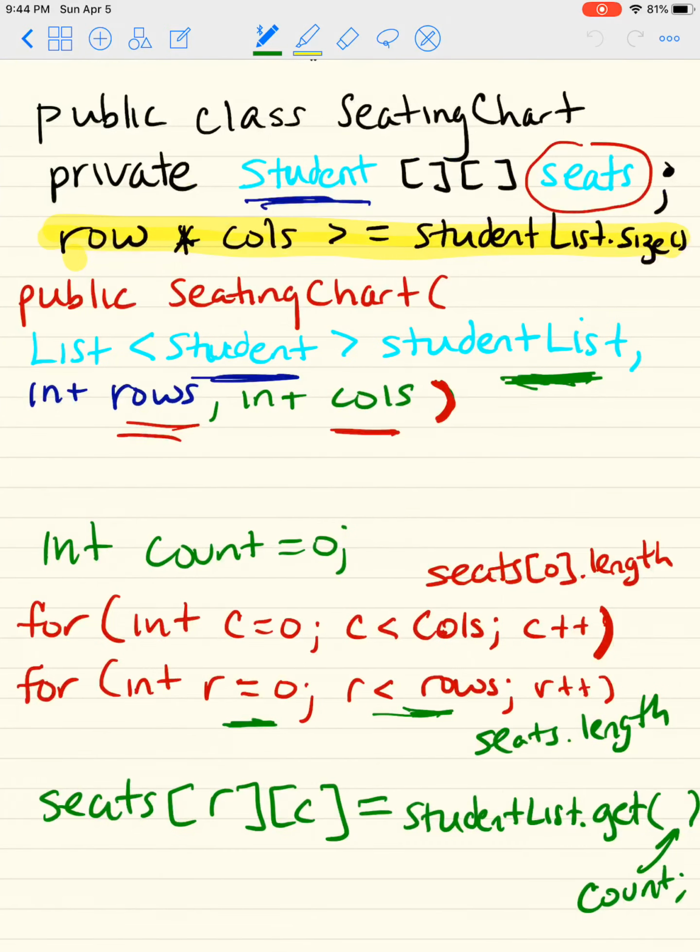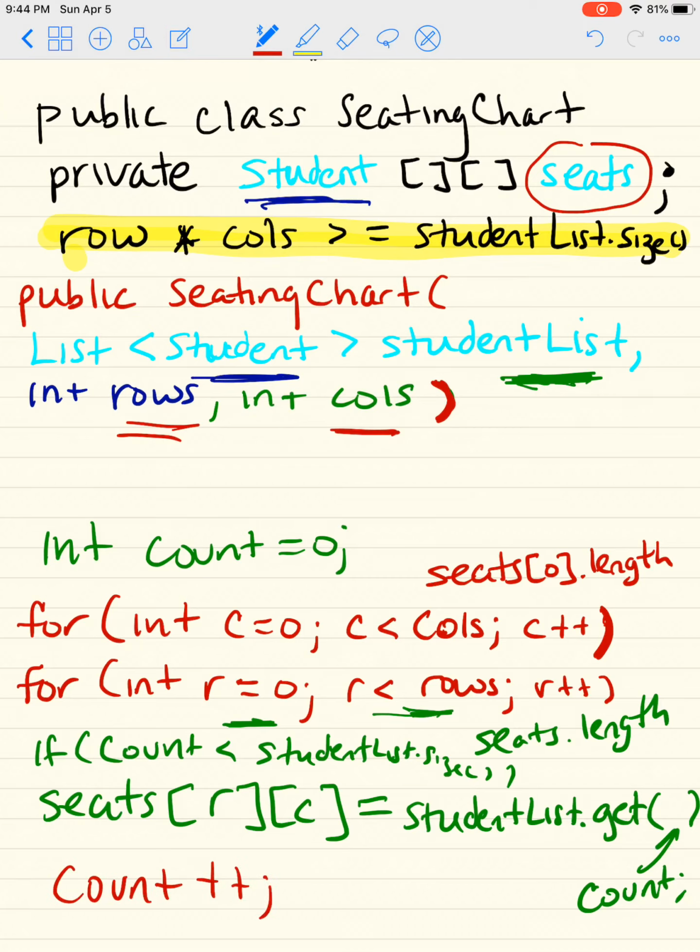So I need an if statement right before that says if our count is less than studentList.size(), then we can keep going. But if it's more, stop, because we're done with the students. And because we have a counter, we need the count++, so that can go afterwards at the very end.